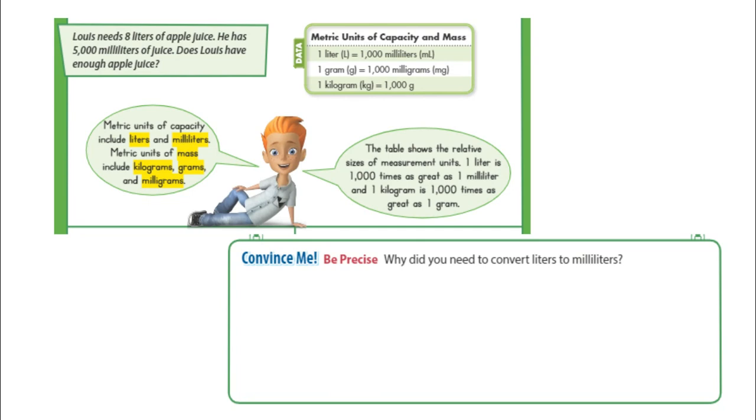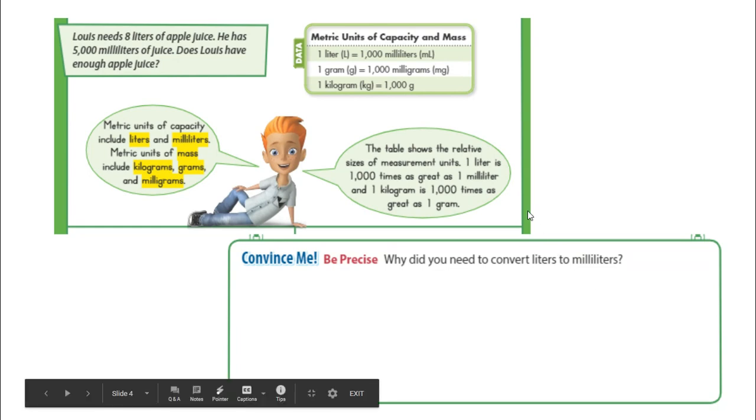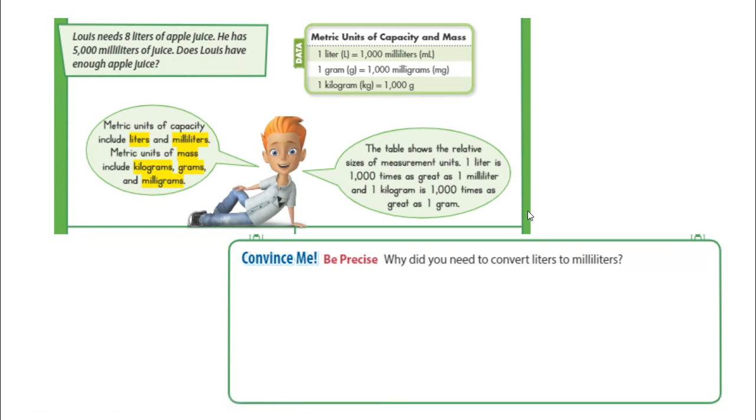It says, why do you need to convert liters to milliliters? Louis needs 8 liters of apple juice, but he's got 5,000 milliliters. So they're different things. 8 liters, but 5,000 milliliters.